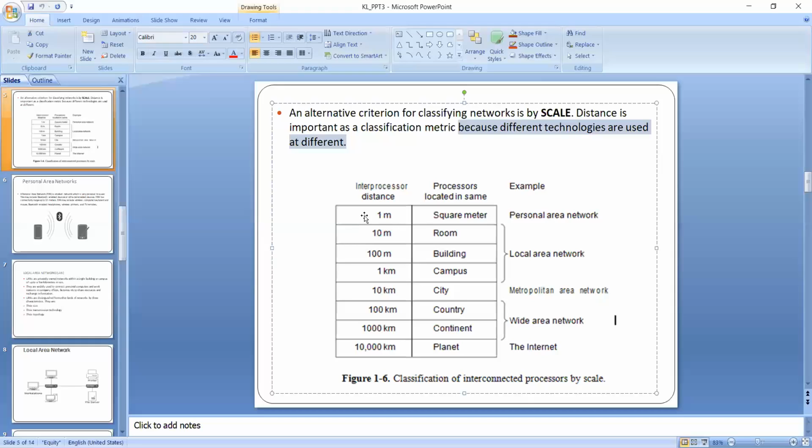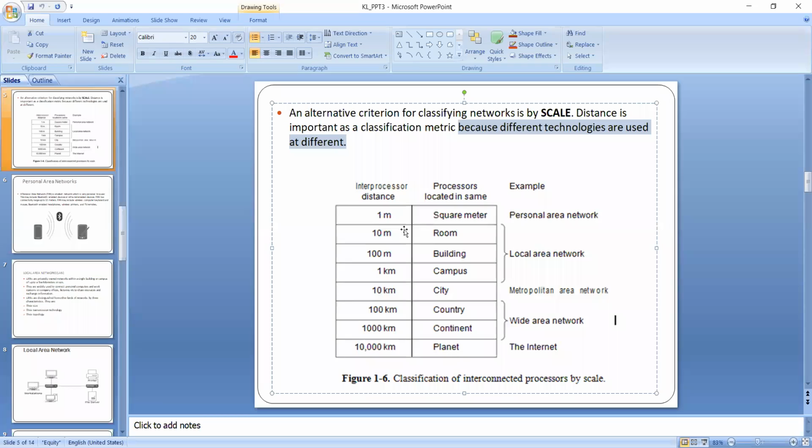So if the inter-processor distance is 1 meter, that means if the processors are located in the same square meter, here the geographical area of the network is only 1 square meter. So in that case, the computer network used is called personal area network, simply PAN.